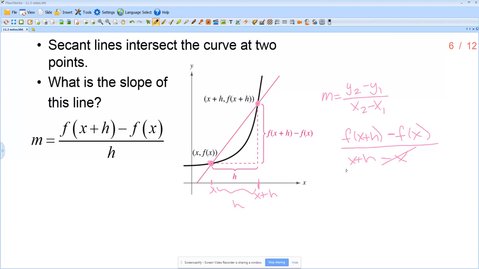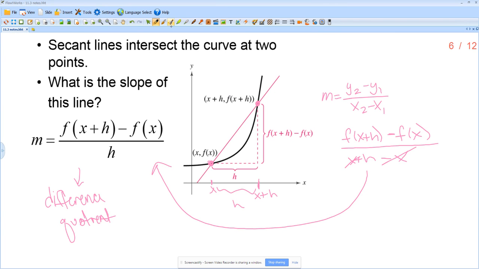You can see that that cancels, and what I'm left with is f of x plus h minus f of x over h. Well, that should look pretty familiar because that's what we've already been doing. That's the difference quotient. So now that gives us the slope of any line going between 2 points.